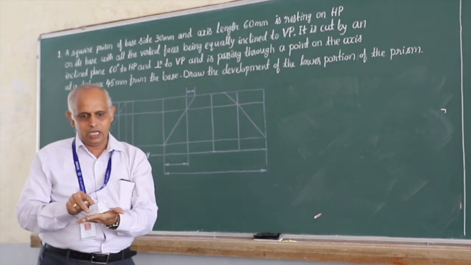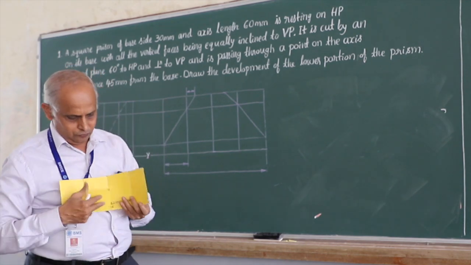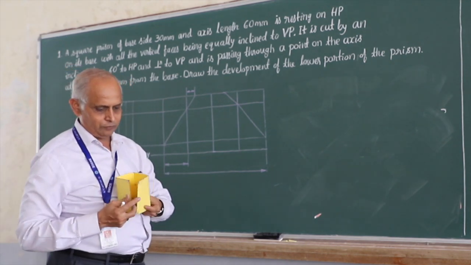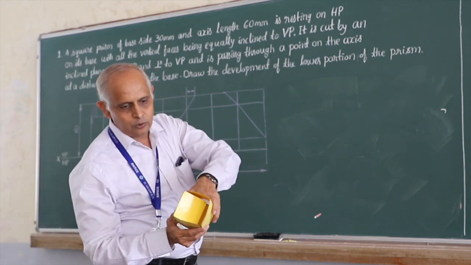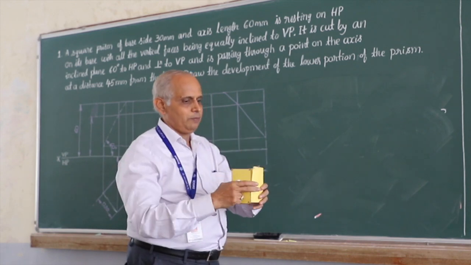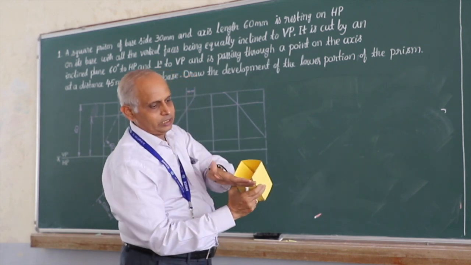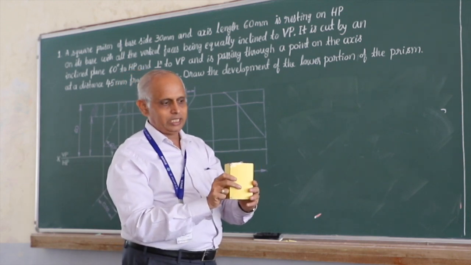But what you need to be careful about is whether these faces are parallel. Suppose I keep it like this, now in this case, here this is the top view, one pair of rectangle faces is perpendicular to VP and one set of rectangle faces is parallel to VP. But it could be at some angle. You need to be careful about this.